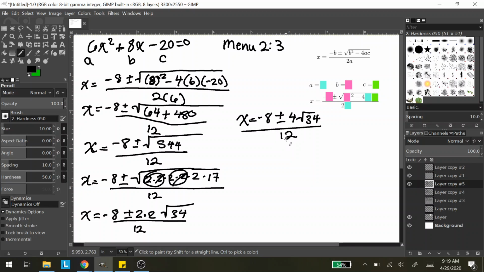It has to come out of each one of those. I can take a 4 out of each one of those. So negative 8 divided by 4 is negative 2. I would cancel out this 4, and it's just going to become 1. And the square root 34 stays. And the 12 divided by 4 is now 3. And this is your answer.